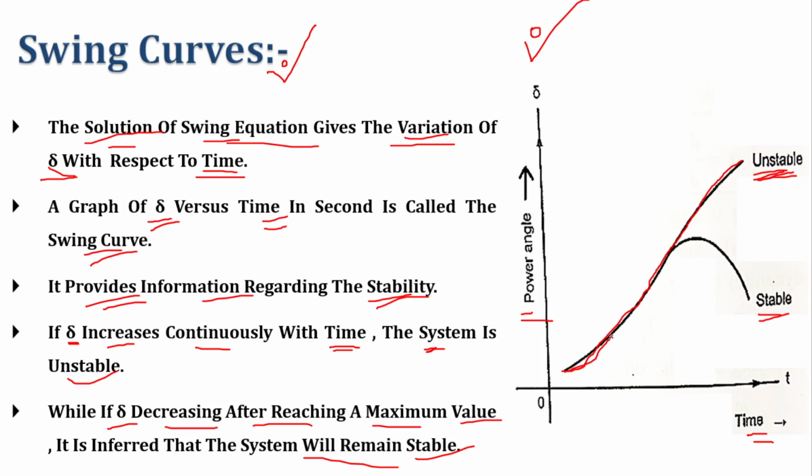Suppose delta is increasing and it achieves the maximum point over here, and after reaching this maximum point, if its value decreases, then it shows stable operation of the system. So, this is the information that we can get from the swing curve.